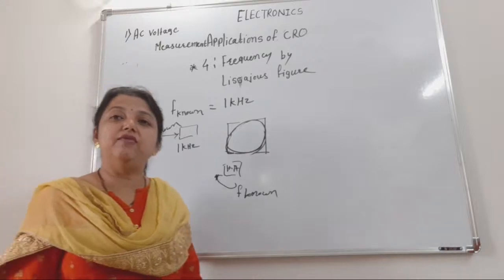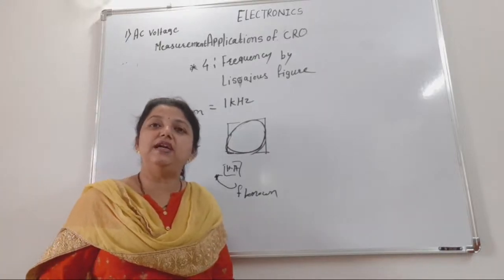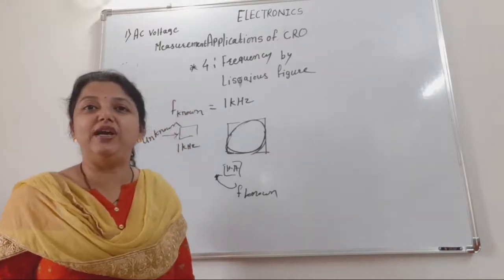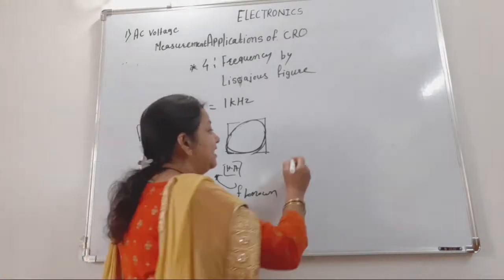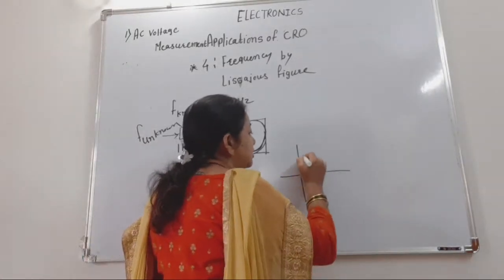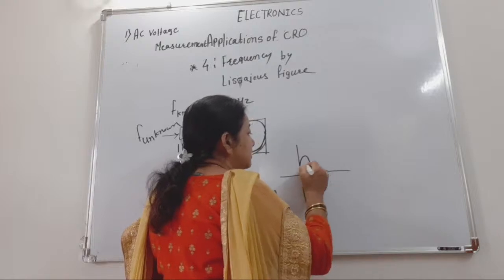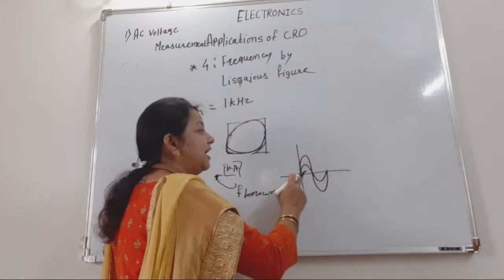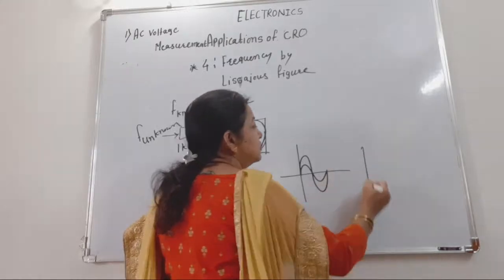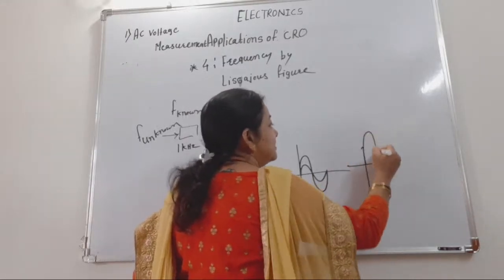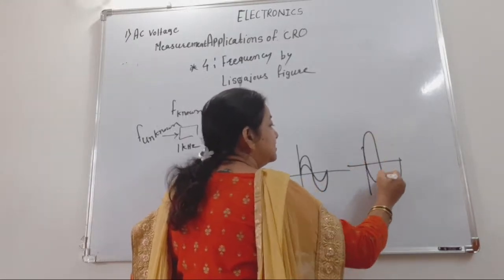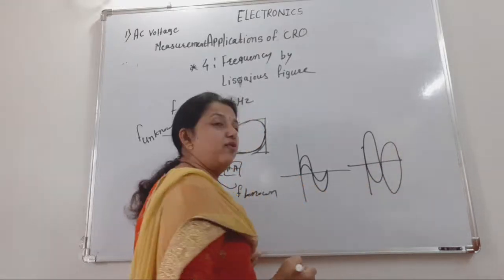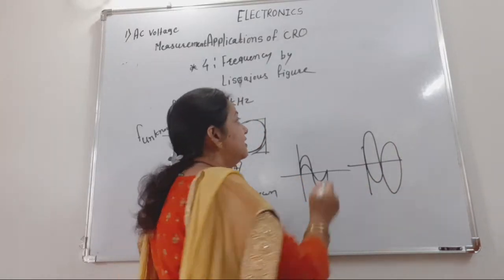Do you remember, in our 11th we studied in detail about phase lagging and phase leading. Phase lagging and phase leading means, suppose these two waves of different amplitude are in the same phase. Suppose like this, this is the first signal, this is the second signal. They are out of phase by 180 degrees.